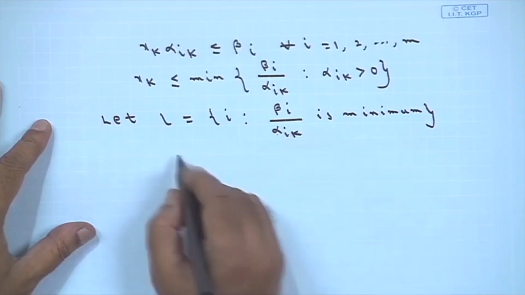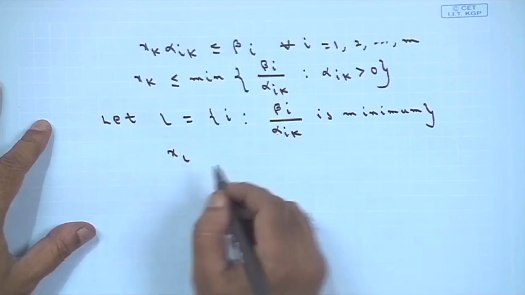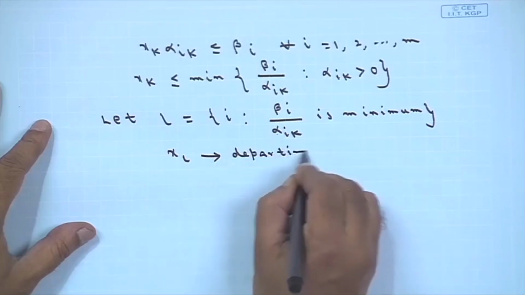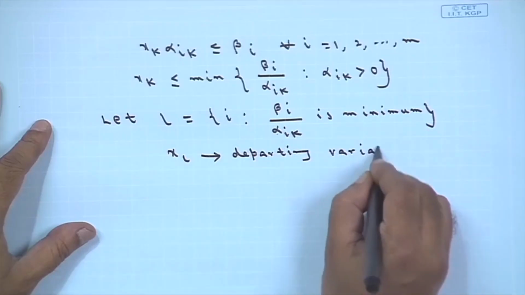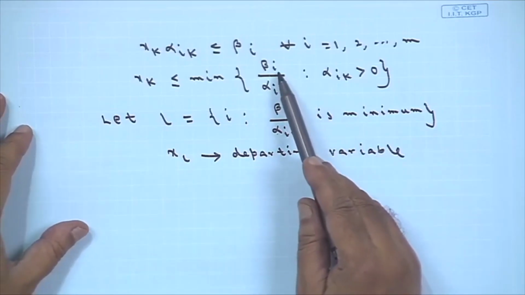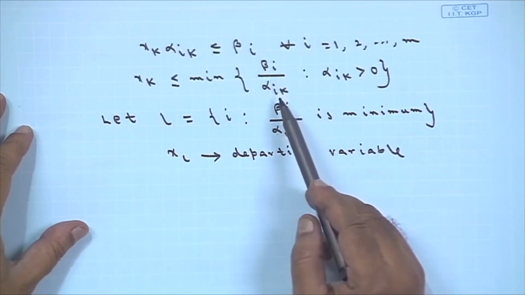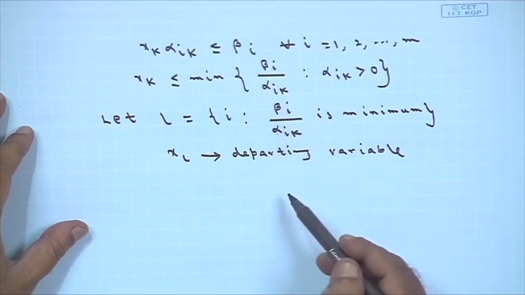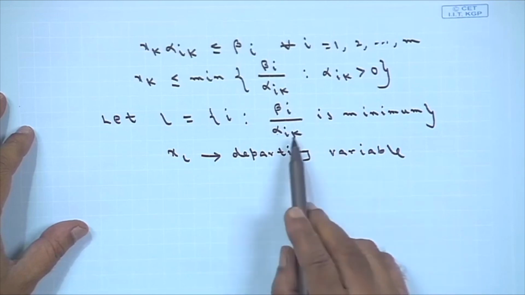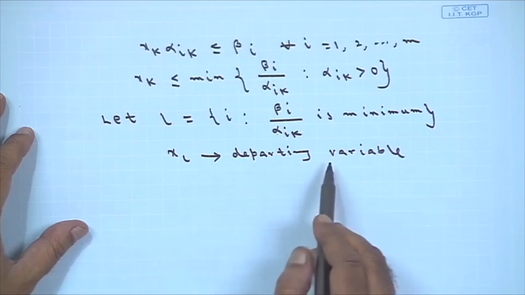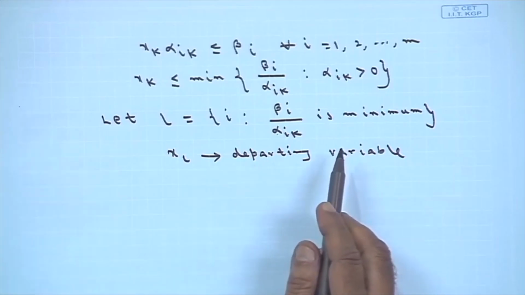Then we say that this index L, that means x_L, will be the departing variable. In other words, we are finding the ratio of beta_i by alpha_ik. Whenever we are solving the problem, we will see to it. When beta_i by alpha_ik is minimum, the corresponding variable will be the departing variable. So, I think that now it is a little bit clear.